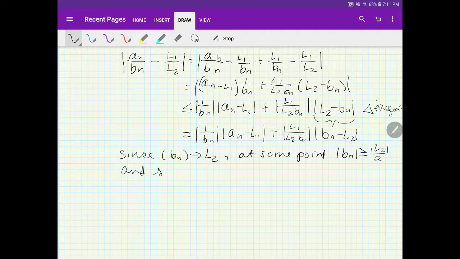And so conversely, 1 over b sub n is less than or equal to 2 over the absolute value of L2.